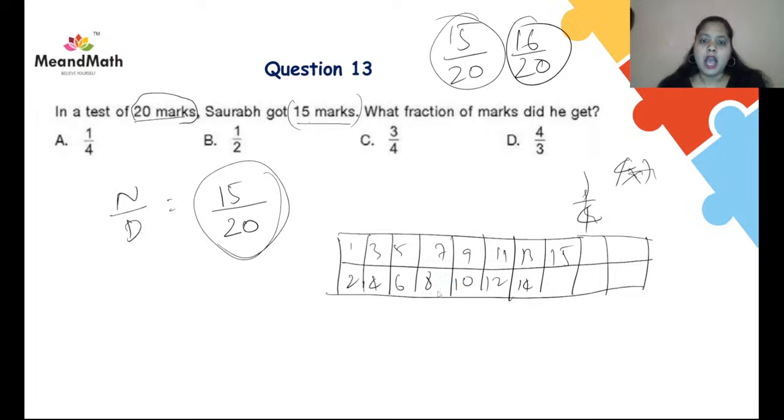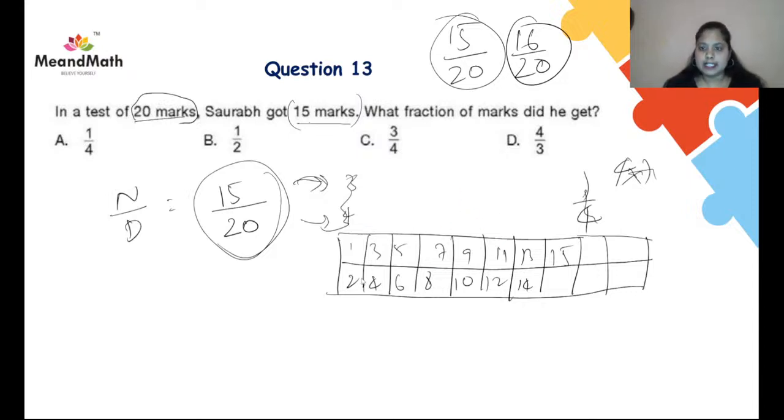Now if we are grouping this, we have to group such that we can also group the shaded part. Because if you are grouping this separately as 3 and this separately as 4, it won't be equal. So we have to group the shaded part and the total number of parts in the same way.